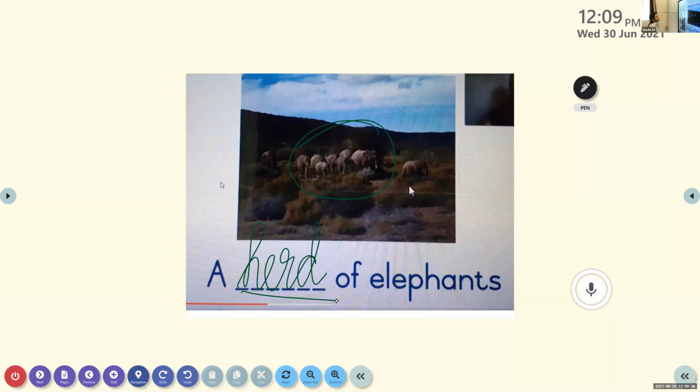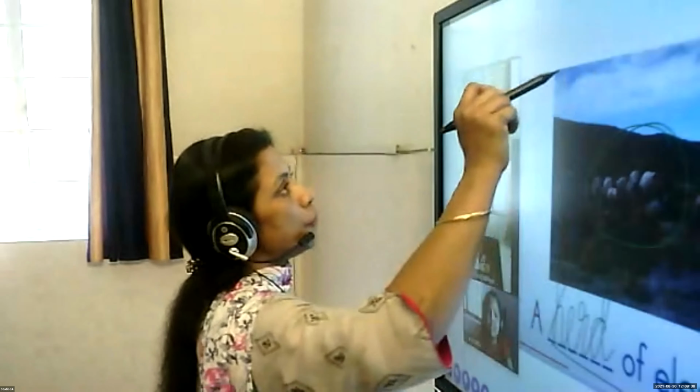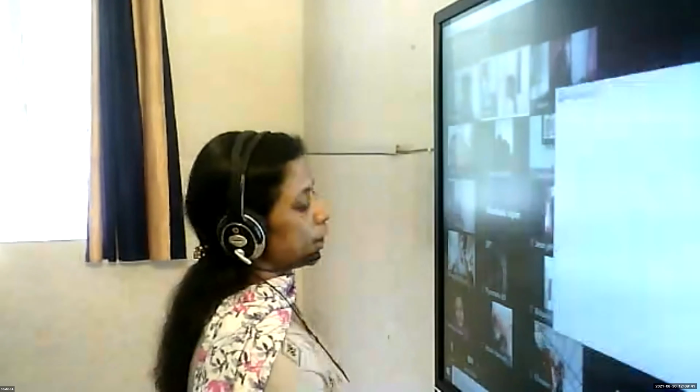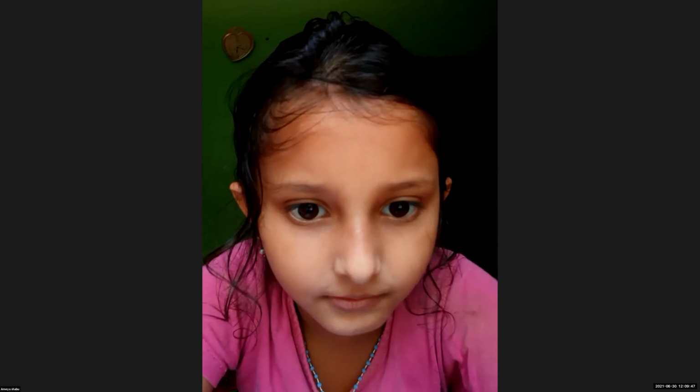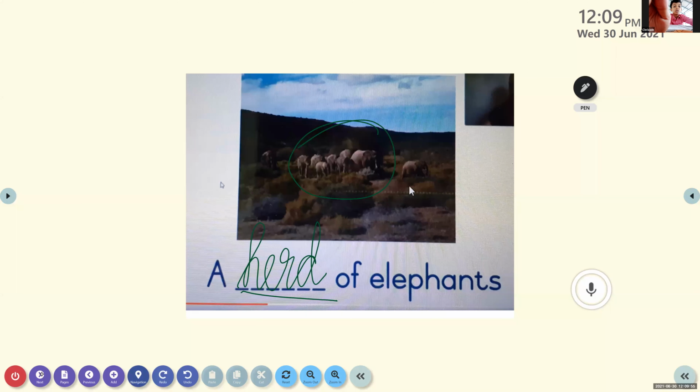Have you learned it? What is a group of elephants called? What is the collective noun used for a group of elephants, children? Herd of elephants. Now let's move on to the next one.